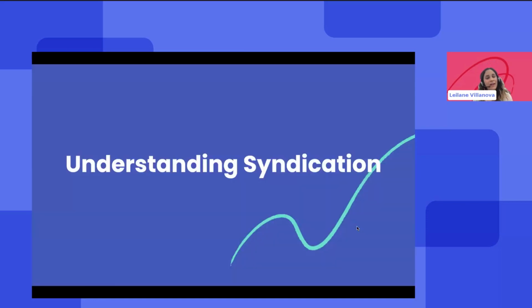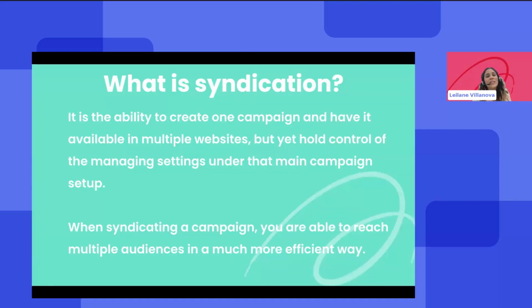Alrighty, so first let's start understanding syndication, what it really means and why it is so important for your business. Syndication is the ability to create one campaign and have it available on multiple websites, yet still hold control of the managing settings under that main campaign setup.